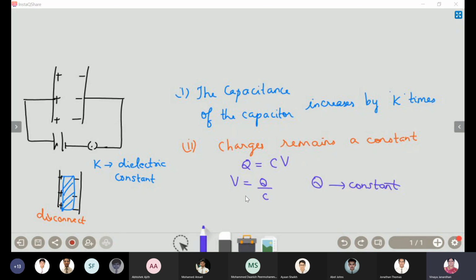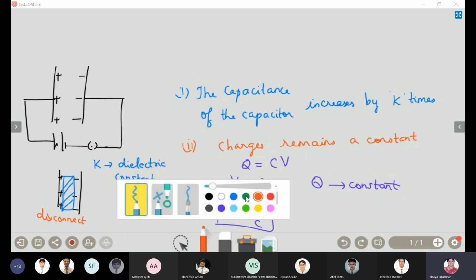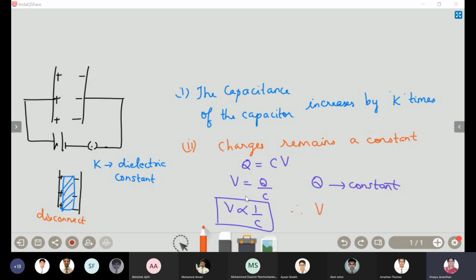So V is inversely proportional to C. If C increases by K times, what happens to V? Decreases by K times, right? Therefore, V decreases by K times.